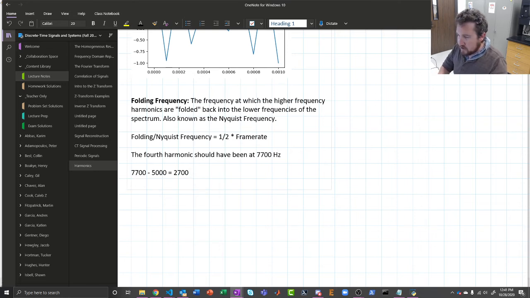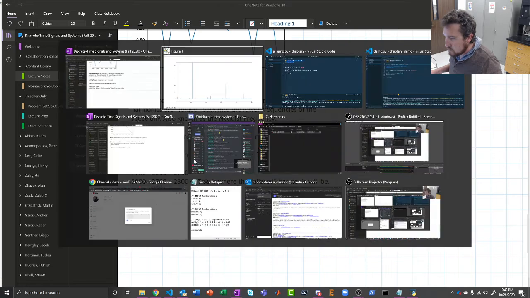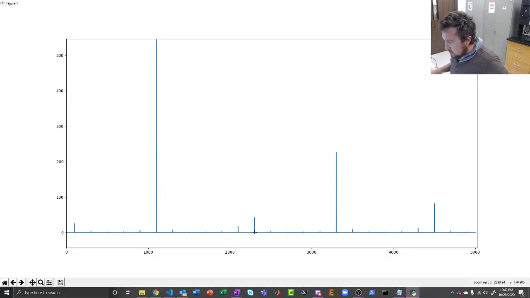So it should have gone 2,700 hertz past 5,000, but that means it's going to fold back to 2,300. So say this is where the aliased harmonic will be. And let's take a look at our spectrum. And sure enough, our third harmonic is right there at 2,300 hertz. Let's do the next one.